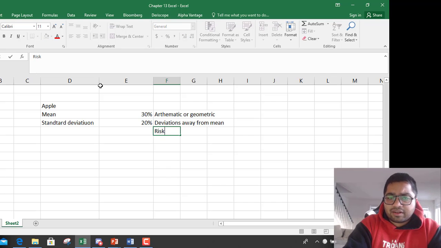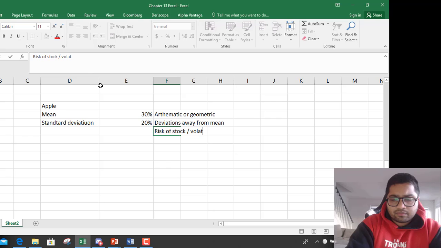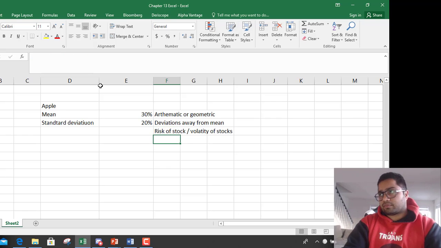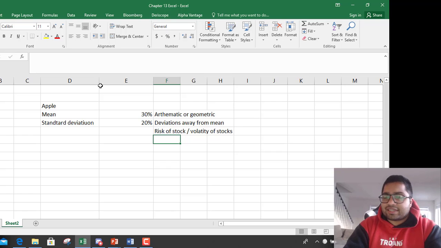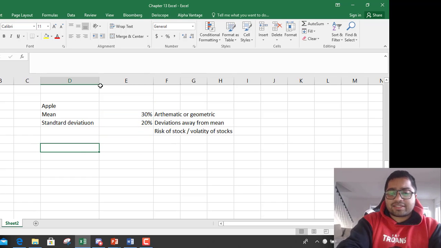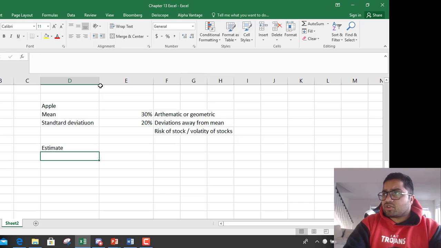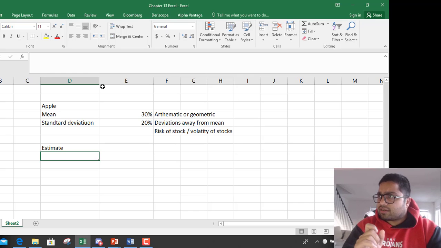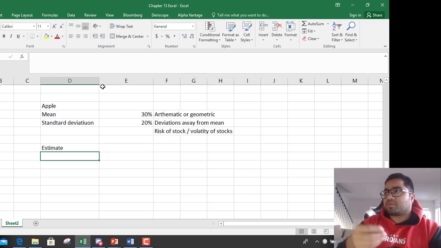It is nothing but the risk of the stock, or the volatility of the stock. If you know these two things, mean and standard deviation, then you can estimate the returns that Apple will give.